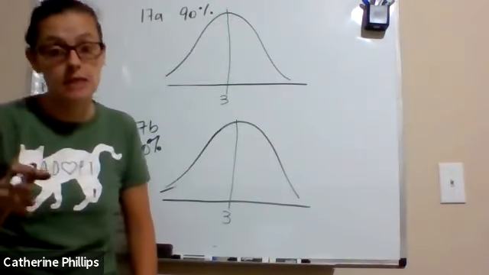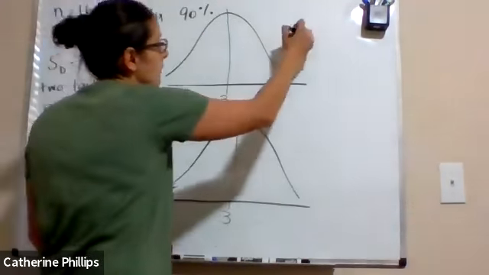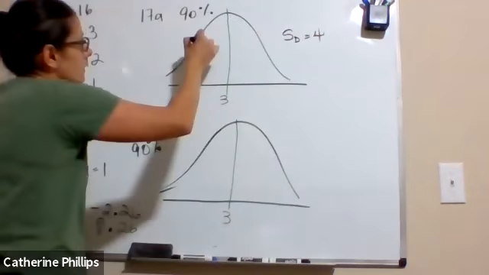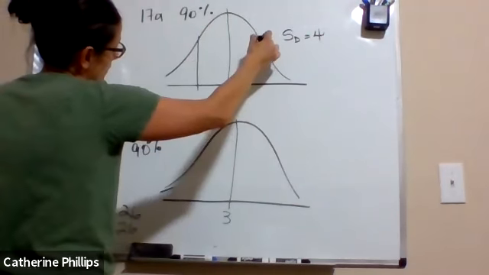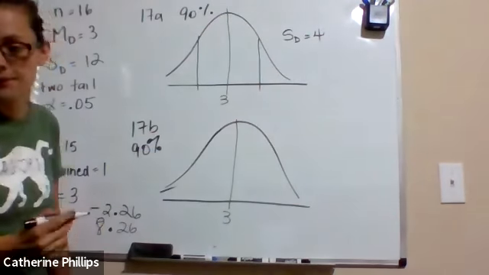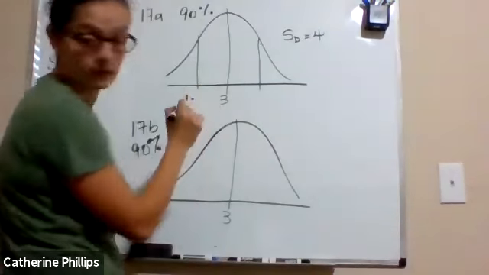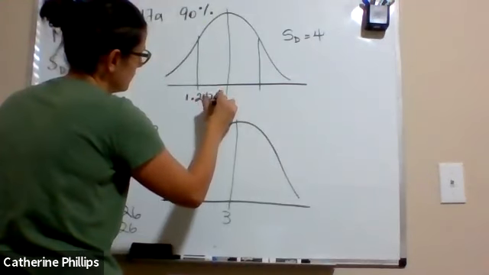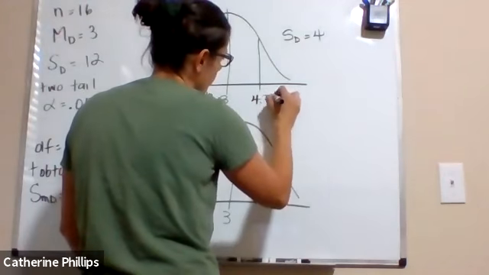What did change was the standard deviation. When the standard deviation was 4, then these two boundaries, we'll say here, were 1.247 and 4.753.